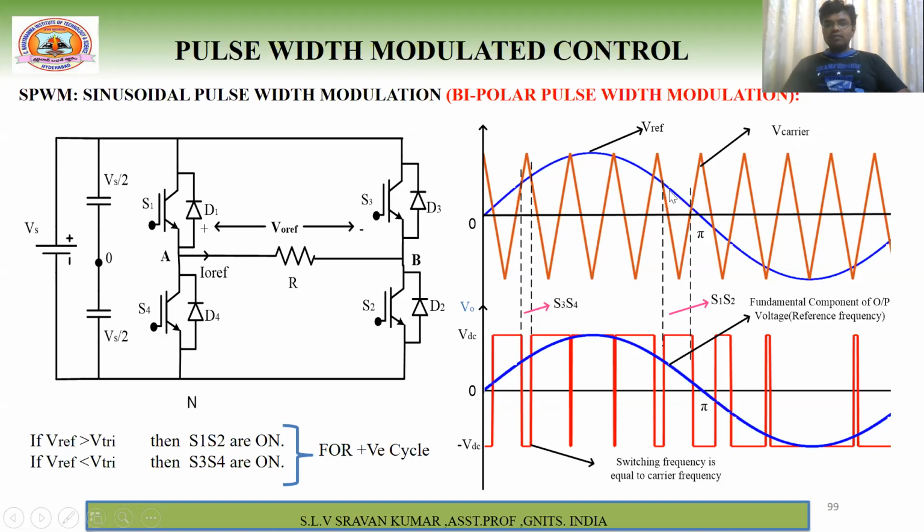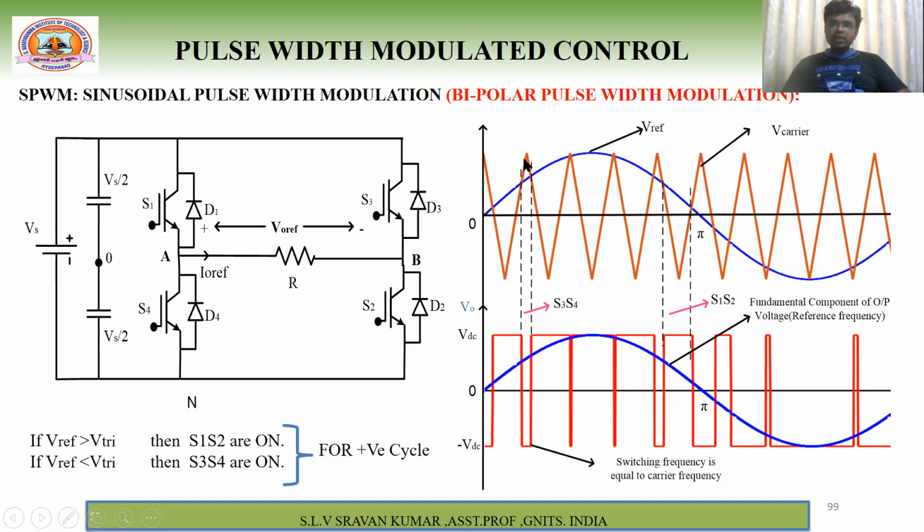Your reference waveform is more than your triangular waveform. So because of that, your S1 and S2 are turned on. Even if you compare here, your reference wave is more than your triangular wave, right? So that's why S1 and S2 will be turned on. Next, if V reference is less than V triangular wave, see here, V reference is less than the triangular wave.